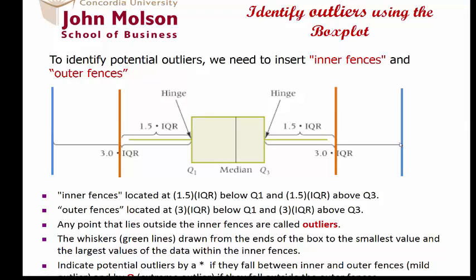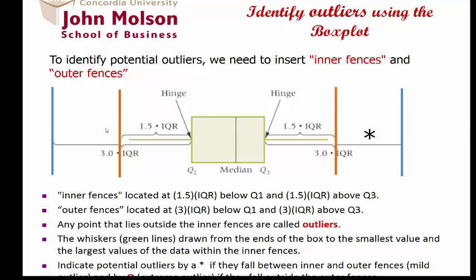Now the decision about identifying outliers will depend on those fences. An observation that falls between the inner and outer fence, somewhere here, will be called a mild outlier. We often represent it with a star.